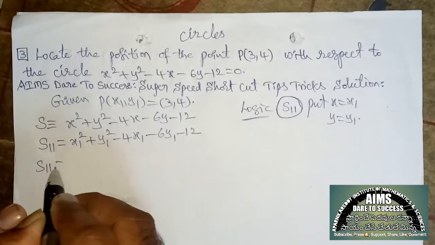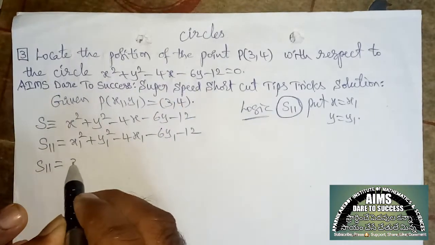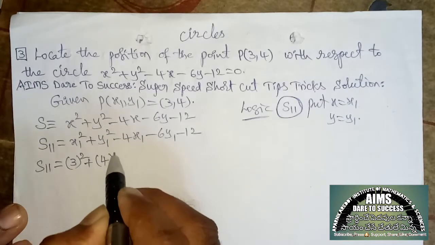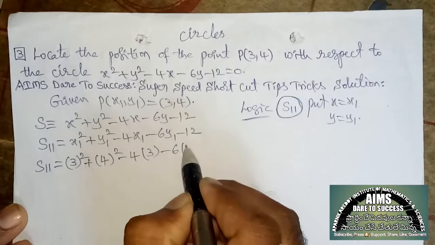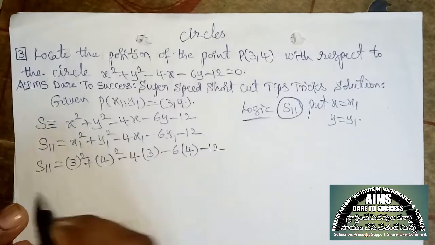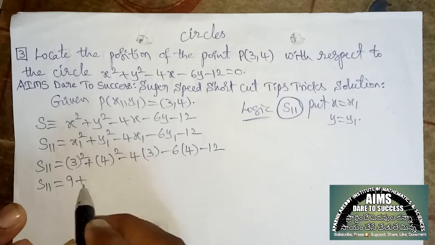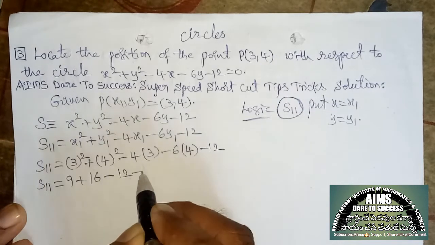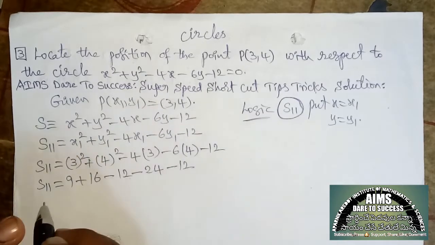So S11 is equal to, x1 value 3, y1 value 4. Substituting here, we get x1 square is 3 square, plus y1 square is 4 square, minus 4 into x1 value is 3, minus 6 into y1 value is 4, minus 12. S11 is equal to 3 square, 3 3s are 9, plus 4 square, 4 4s are 16, minus 4 3s are 12, minus 6 4s are 24, minus 12.